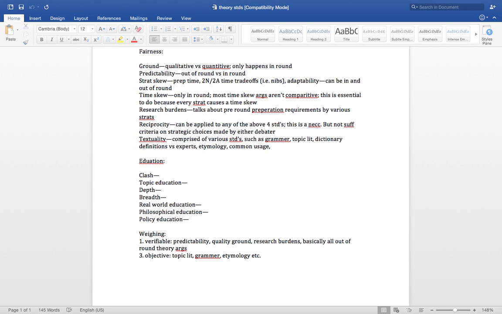So that would be the other argument. What would you say for ground? Just that your version of the topic is either awful ground or great ground.